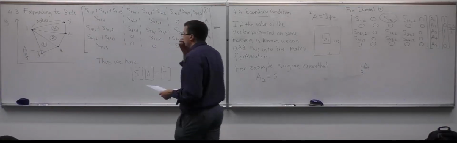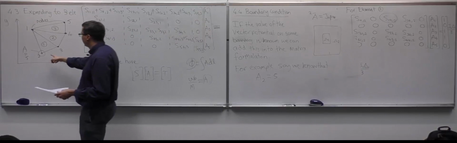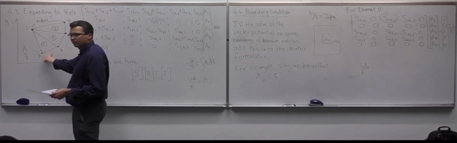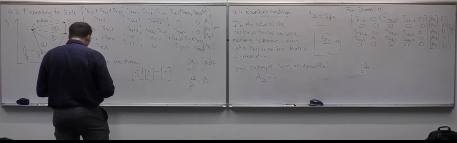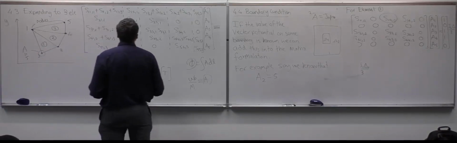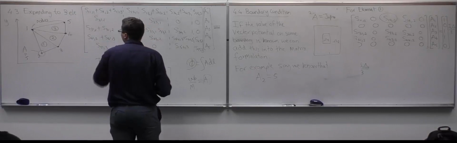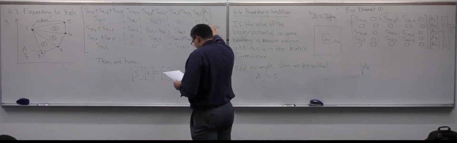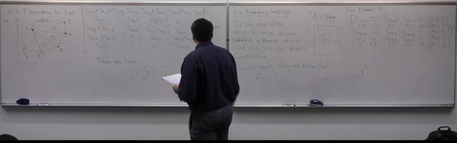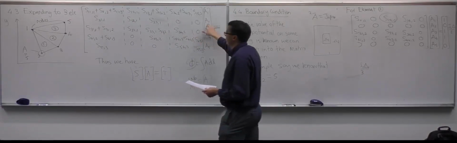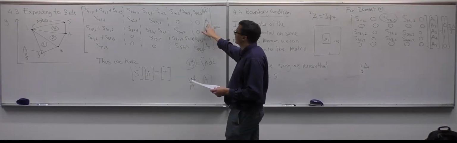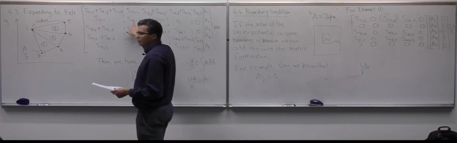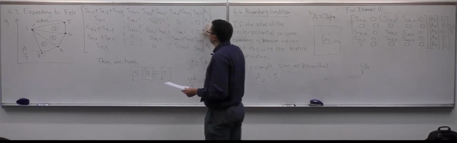Then we don't need to solve for the field at that node, because we know it. We're told it. So then we can look at our matrix here, and we've got A2 here, right? So that's the magnetic vector potential. That has to be 5. So then we come across this term here that is multiplying the A2.